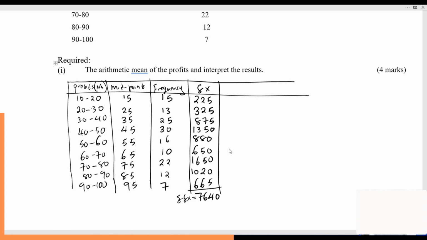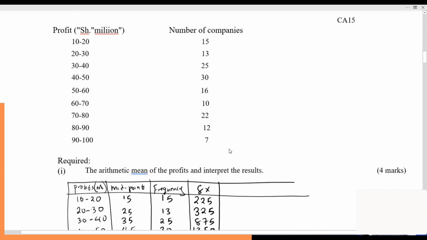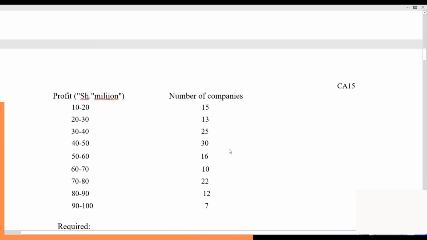Then I also need to know the total frequency, the summation of f. Summation of f is 15 plus 13 plus 25 plus 30 plus 16 plus 10 plus 22 plus 12 plus 7, which is 150, and it was already given in our question. We are told that we have 150 companies.